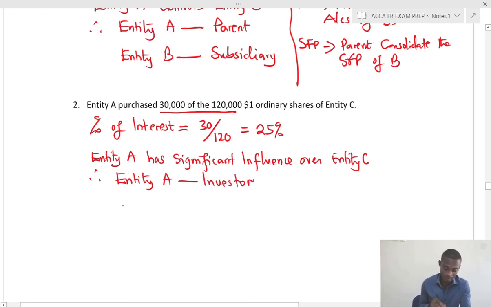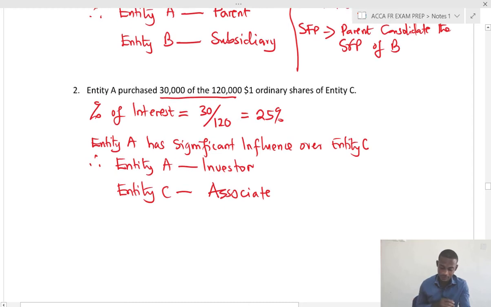So you can call entity C an associate of this investor. Now, what happens in the financial statements is that entity A will use the equity method to account for entity C.